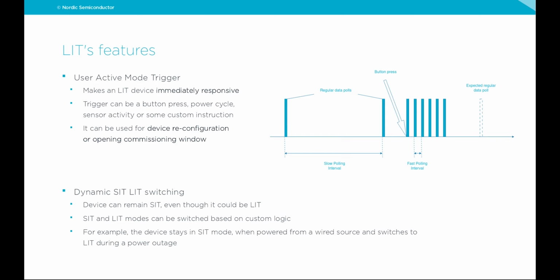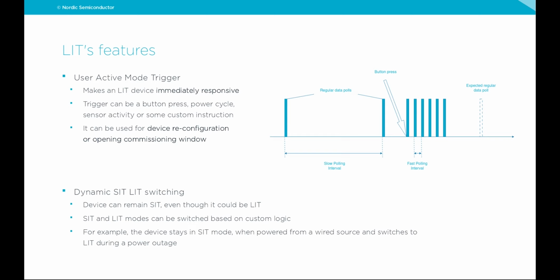LIT has also an optional feature, that is dynamic SIT to LIT switching. It allows you to implement a custom logic that will decide when SIT changes state to LIT and the opposite, of course, respecting the specification requirements. An example. You can imagine that you have a device that is powered from a wire source, but it also has a backup battery.